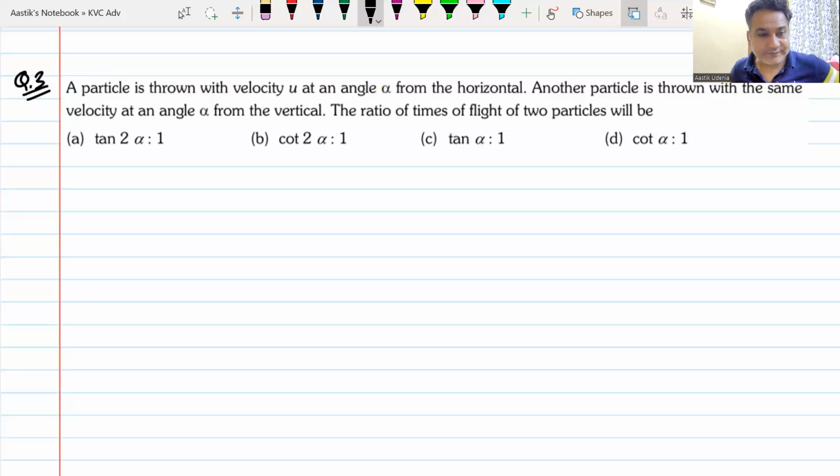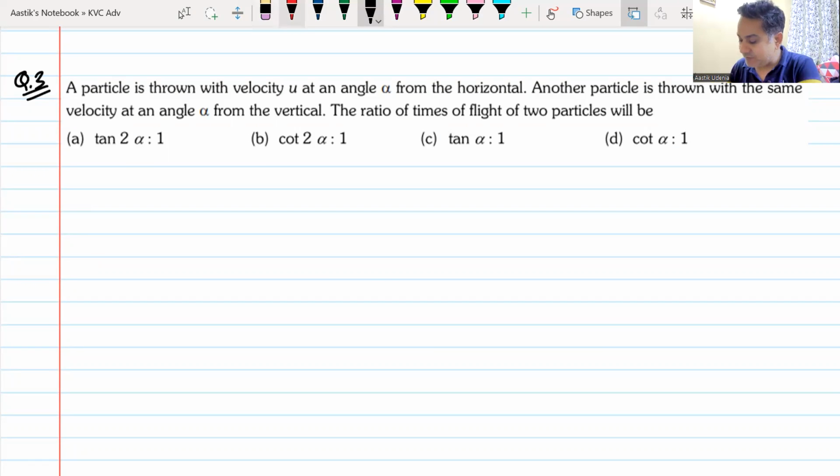Yes, do we have an answer for this one? Do we have an answer here? Option C, sir. That is correct, sir. Well done, Karthik. Well done, Shruti.